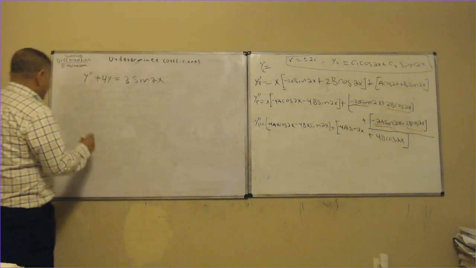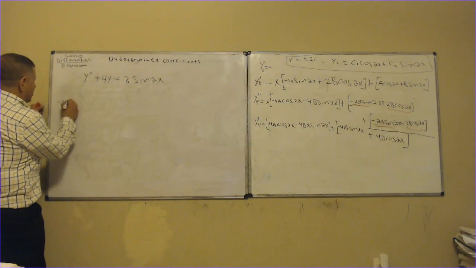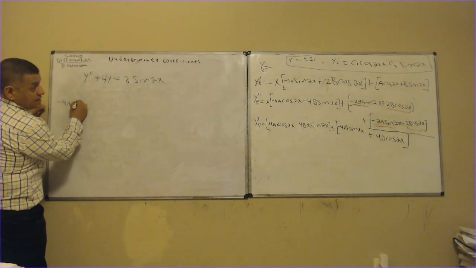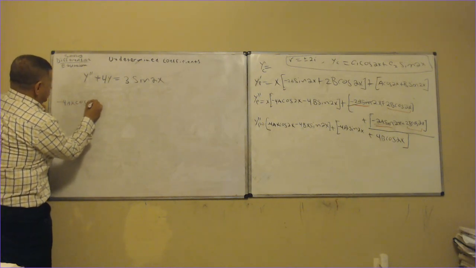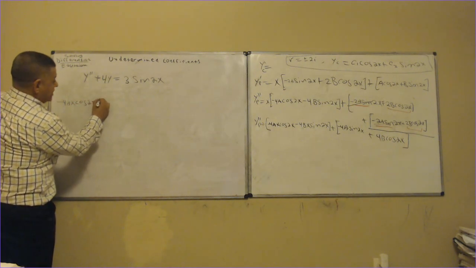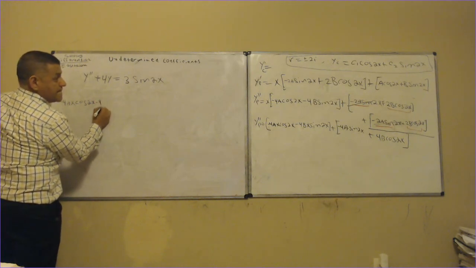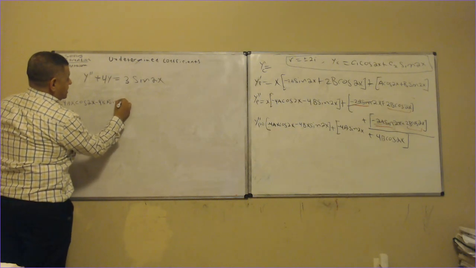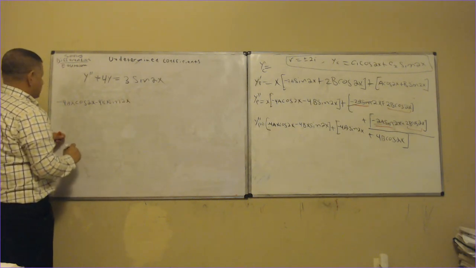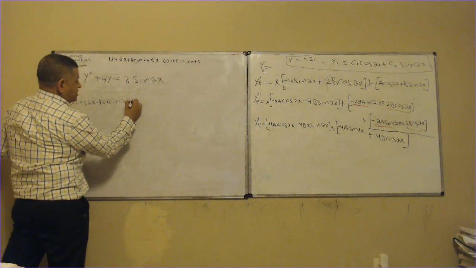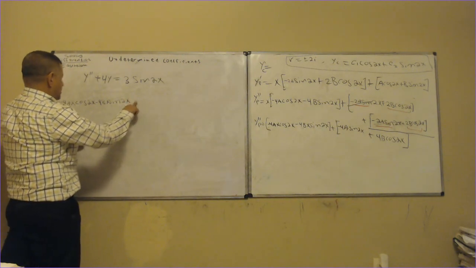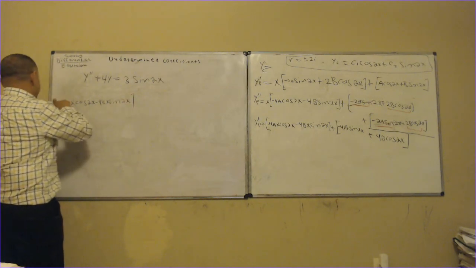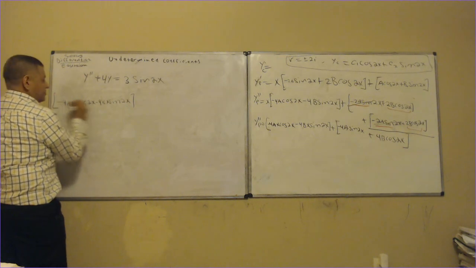So it's going to be minus 4ax cosine of 2x minus 4bx sine of 2x, plus, I don't know if I want to do this, but putting a bracket around is kind of helpful.